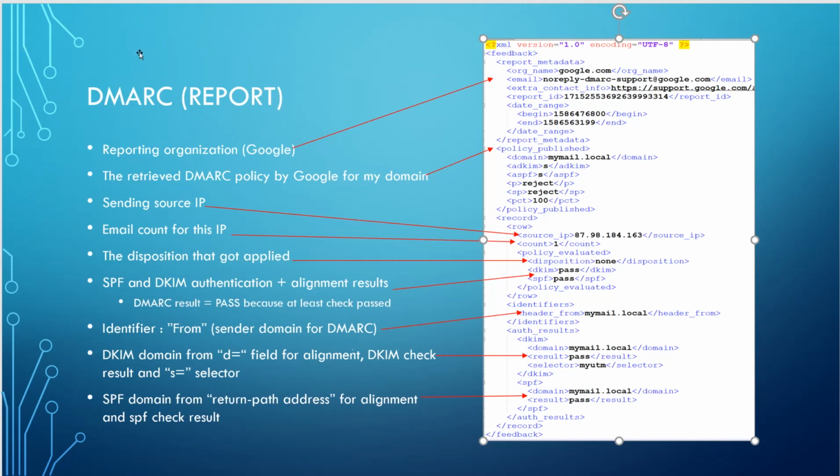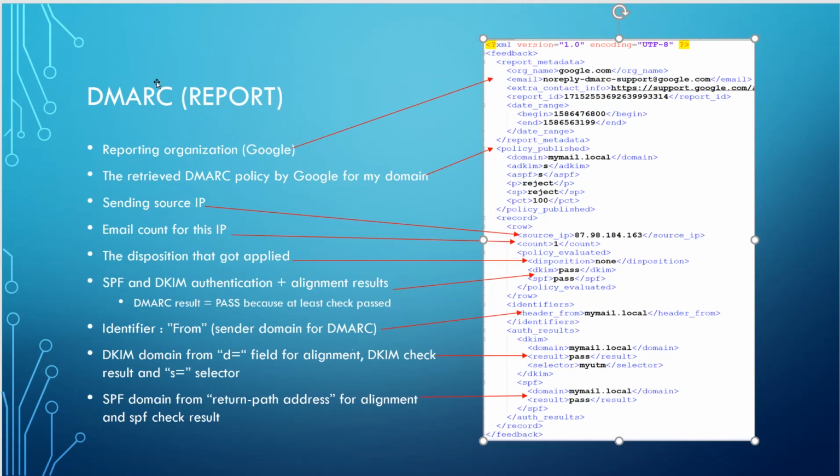And here we have the DKIM results. First we have the DKIM domain, which is the domain that was in the D parameter field. This domain will be used for the alignment check with the value of the DMARC domain. We have the DKIM check result, which means that the signature was valid, and the selector.